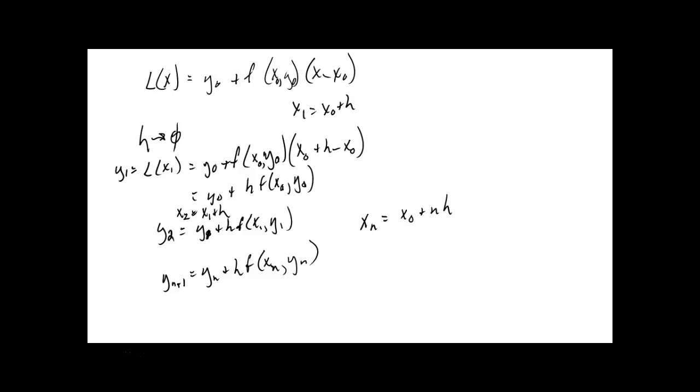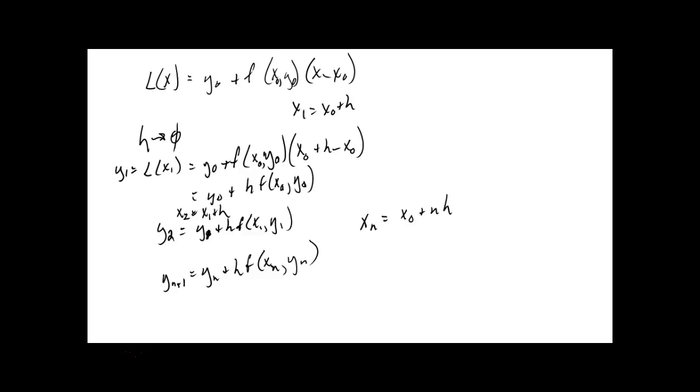This is where their nomenclature fell apart a little bit. The very first thing they did was this: y1 is equal to y0 plus f of x0, y0 times h. So that line was correct. Now, then you do x1 is x0 plus h.